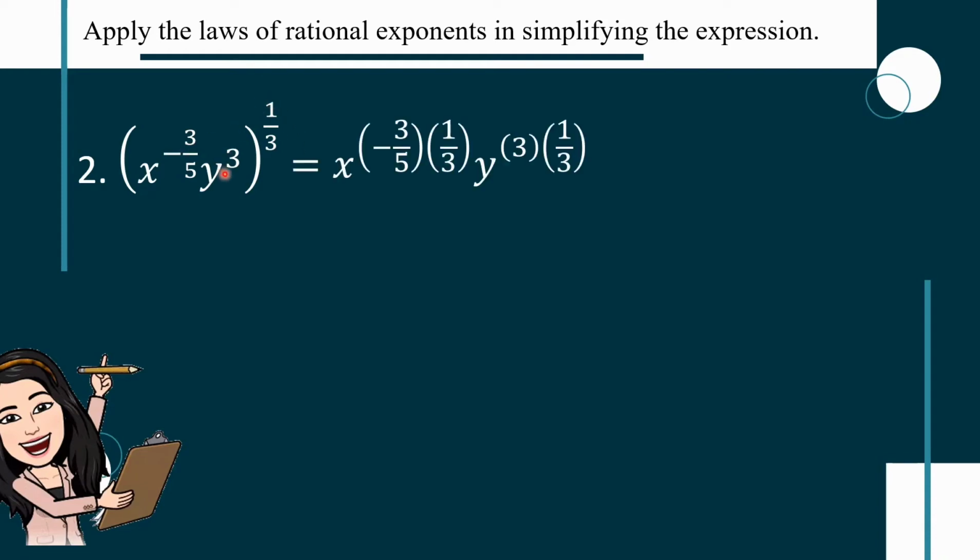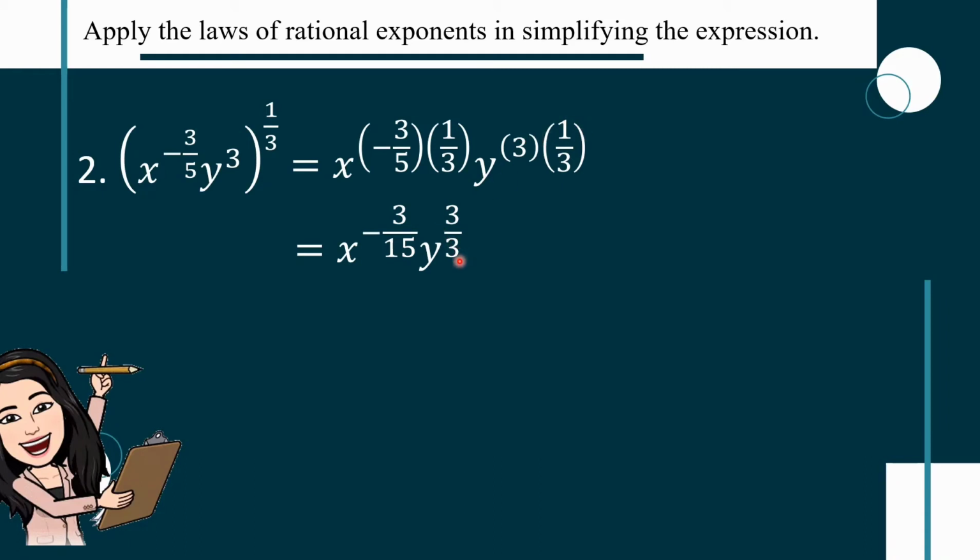So that will be equal to negative 3/5 times 1/3, then y, 3 times 1/3. Got it? Okay, good. Simplifying, we multiply the numerators and then the denominators. That is x raised to negative 3 over 15, because 5 times 3 is 15, and then 3 times 1, 3 over 3.